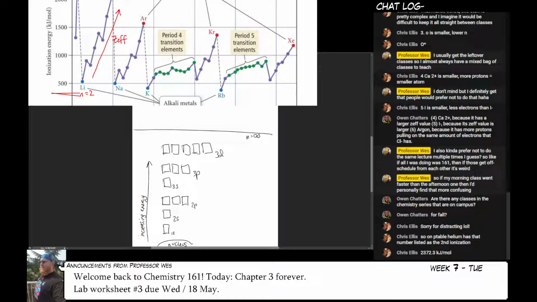All right, so if I have an electron for lithium right here, here would be my ionization energy for lithium. So this would be IE for lithium versus an ionization energy for helium.